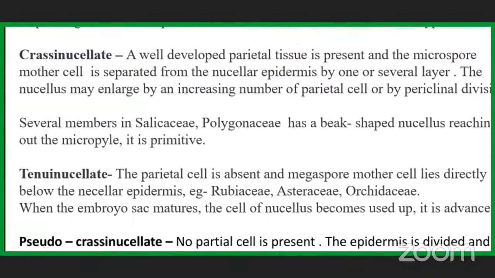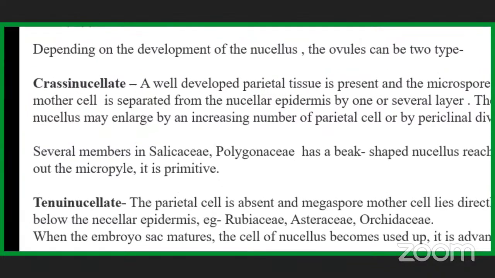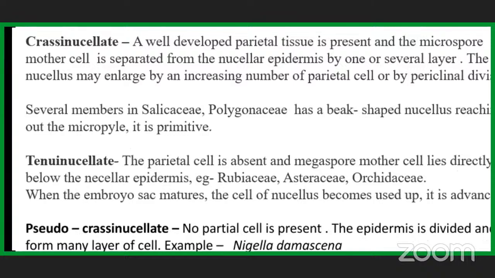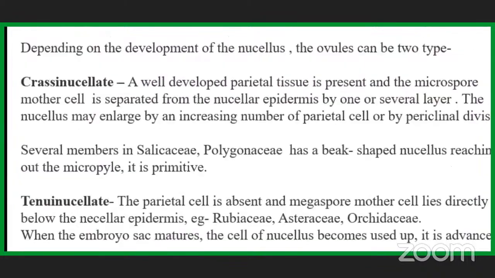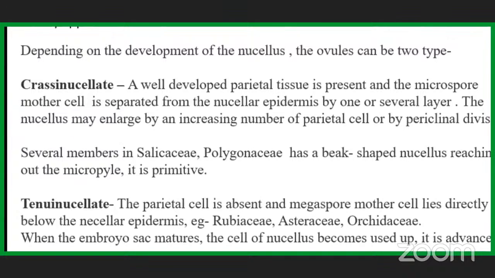The tenuinucellate type of nucellus is present in Rubiaceae, Asteraceae, Orchidaceae. You know that because of the crassinucellate ovules, the Cucurbitaceae family is kept in Polypetalae. Though fused petals are there, because of the nucellar structure, the Cucurbitaceae family is kept in the Polypetalae as per Bentham and Hooker classification.